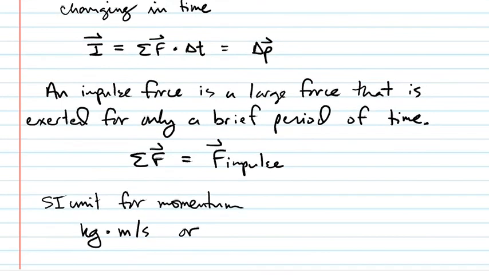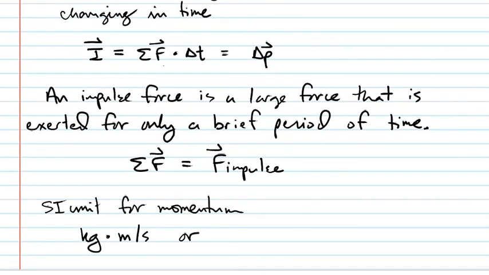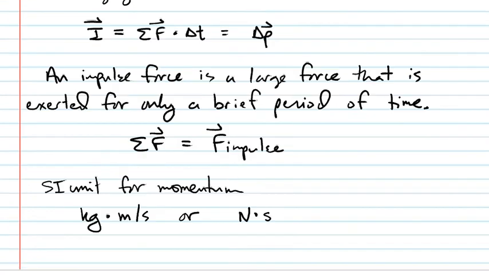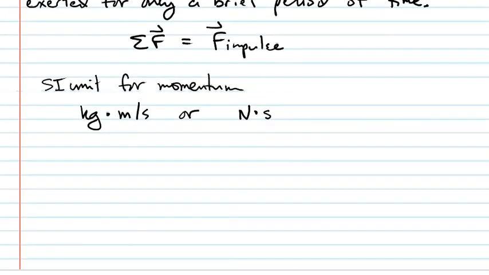If we go back up to the impulse, where we have the change in the momentum, that would have the same SI unit as momentum, and we have this expression, the force times the elapsed time, that shows that momentum could also be expressed as a Newton times a second.